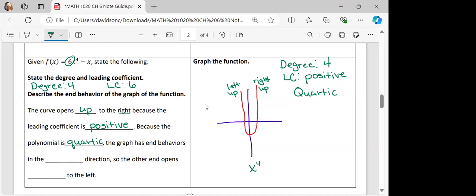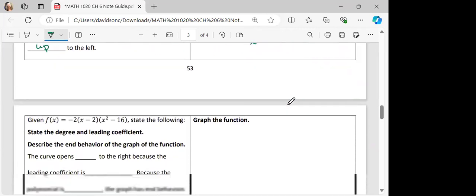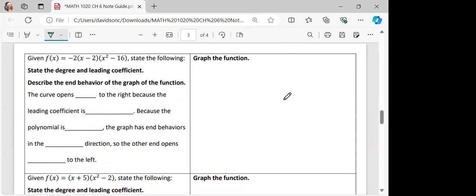The graph has end behaviors in the same direction. So the other end opens up to the left. So now we have another one we need to graph.